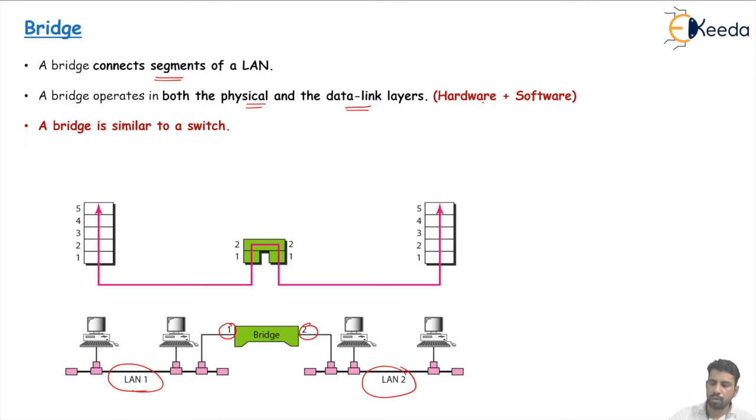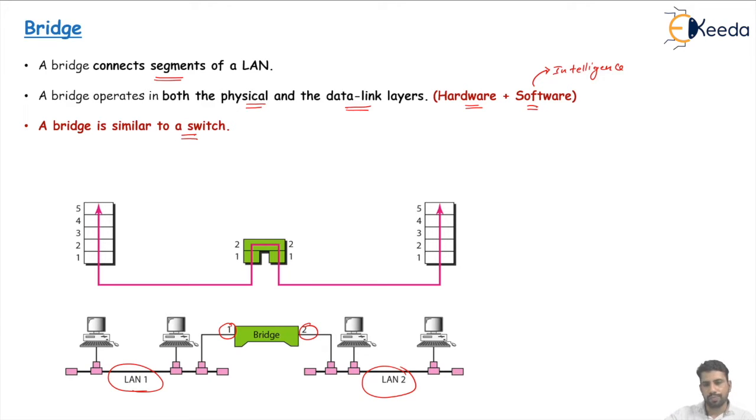Due to these two layers we have hardware plus software. Software means we have some type of intelligence. Intelligence means our bridge will take a decision based on the address matching in the frame, deciding on which particular port to forward the frame so that it reaches the destination. A bridge is very similar to the switch.